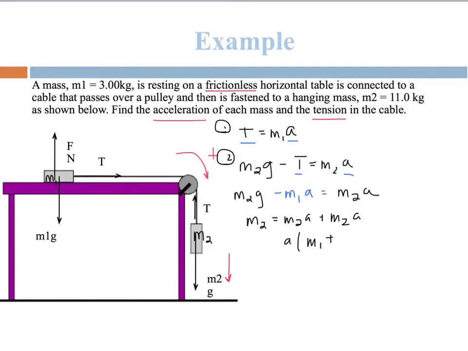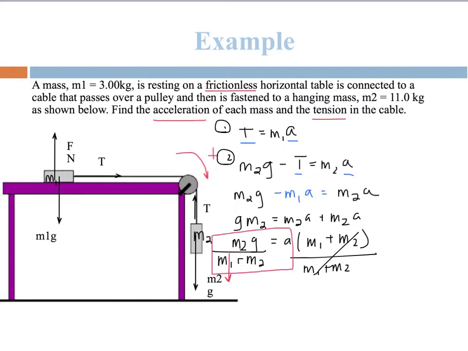Again, this is very similar to what we just saw on our Atwood machine. Ooh, I dropped a g here. And then the last piece. Again, you see that this is very similar, almost identical to our Atwood machine equation, except now we don't have that subtraction of my other mass.